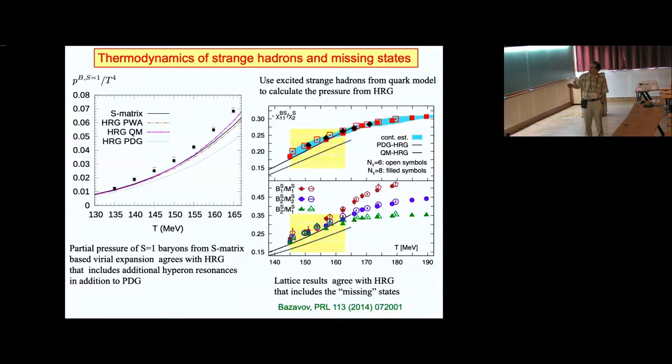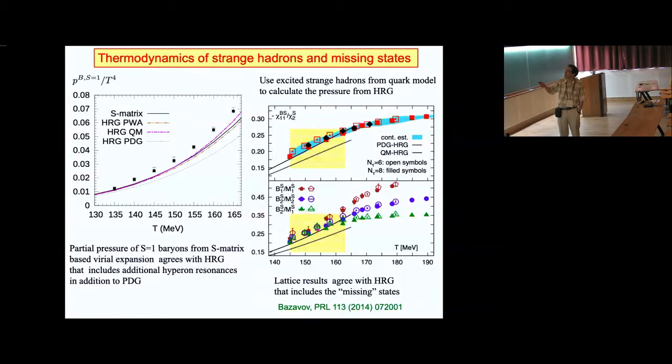And this is shown by this black line. That's the partial pressure of strangeness 1 baryons extracted from the lattice given this Hadron Resonance Gas model. And here I calculate the corresponding contribution from the relativistic virial expansion based on the S matrix, shown in the previous slides.